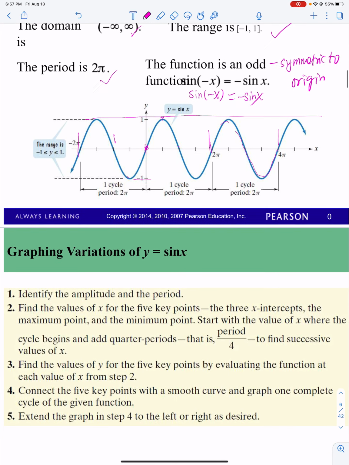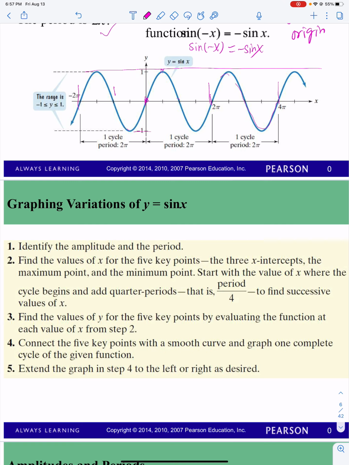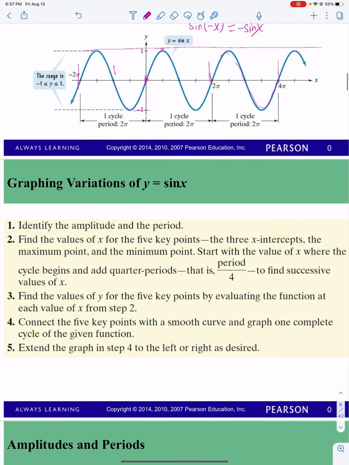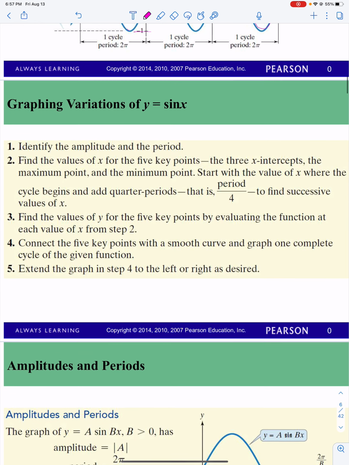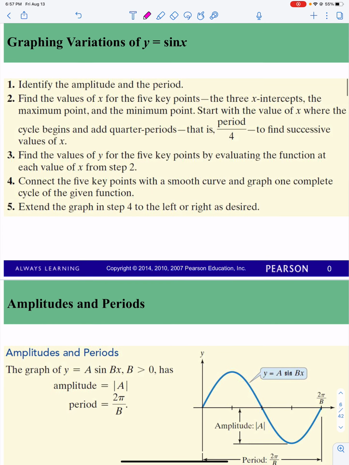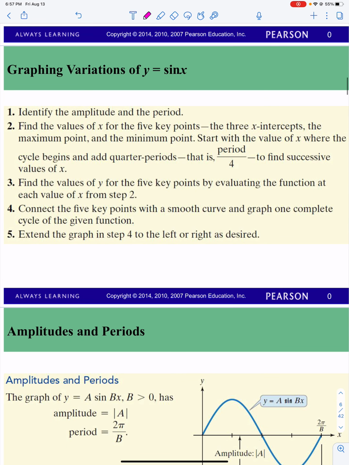Okay, so the next thing we wanted to talk about, so this is the graph y equal to sine x. We want to talk about what will be the variations of sine x. So what means variations of sine x? Sometimes the easy one is sine of bx. So this is one example of variations. The first step, we wanted to identify the amplitude.